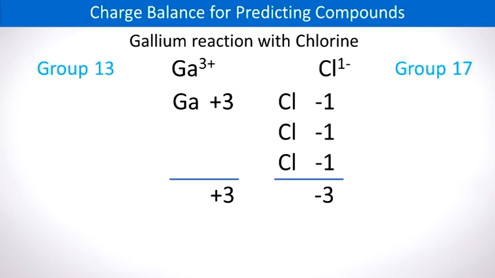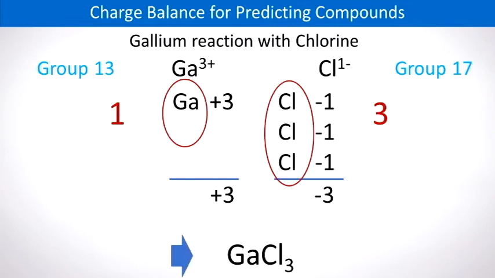And here we show you what happens if we do the same thing with gallium and chloride. We find that it only takes 1 gallium of a +3 to react with 3 chlorines of a -1 to give us gallium chloride.